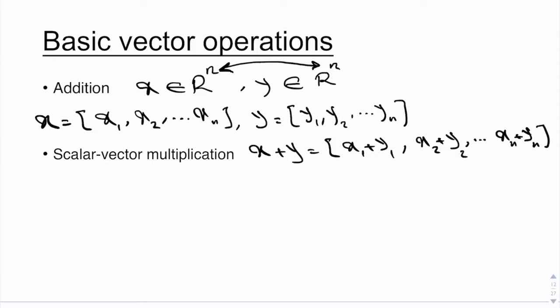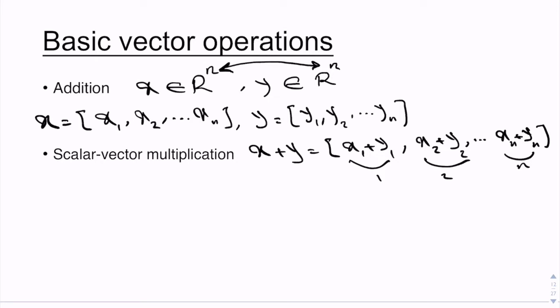In other words, the vector space is closed under sum. That means if you sum two vectors, the resulting vector is in the same space, with the same dimension n.